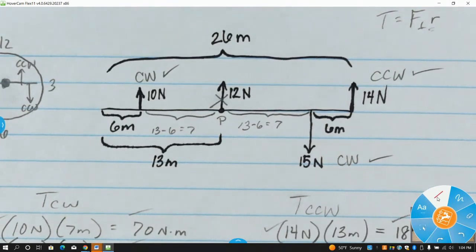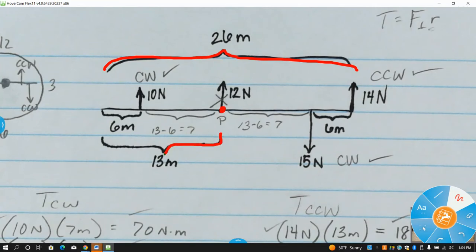All right, ready? Here, look. So I wrote here that the full length of this thing is 26. So this whole distance is 26. If the pivot point is right there, and from the pivot point to this end is 13, that means if I didn't know what this side was, I would do 26 minus 13, and that would give me this whole side.